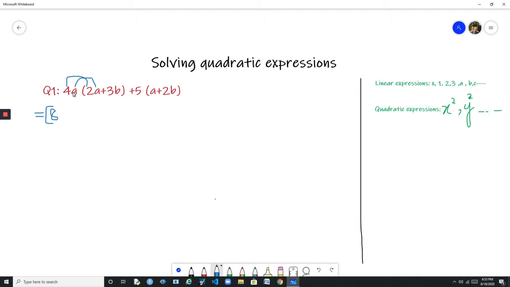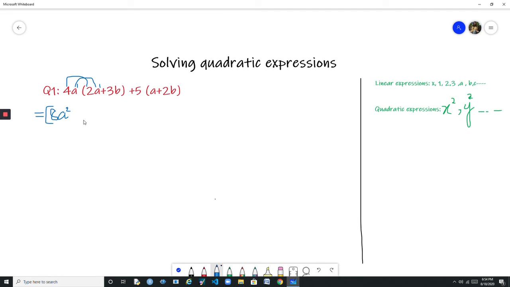Then if we multiply a into a, it is a, and the powers add. Here we can have an imaginary 1 and a 1. So 1 plus 1 is 2. So we'll put a square.